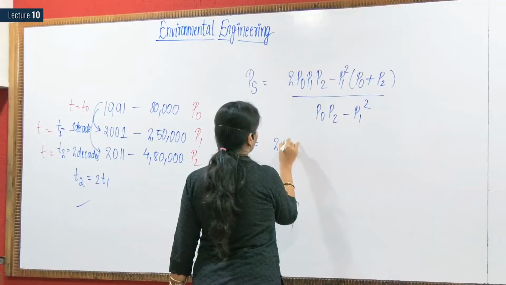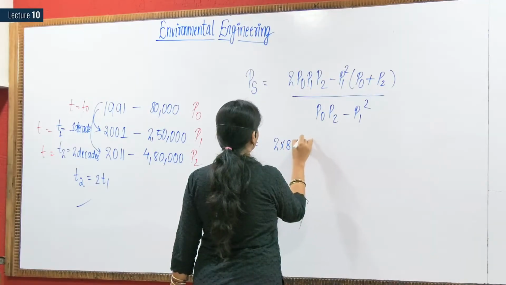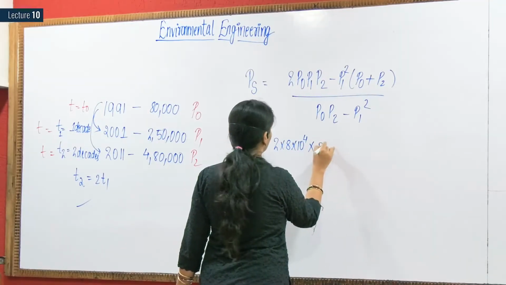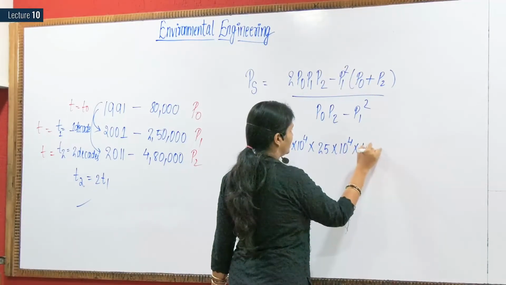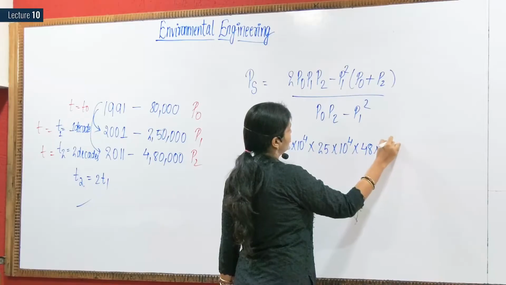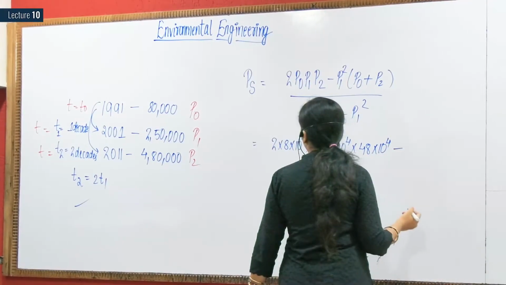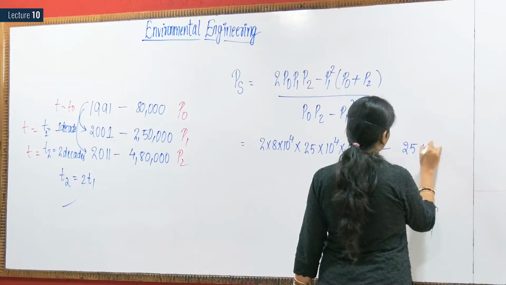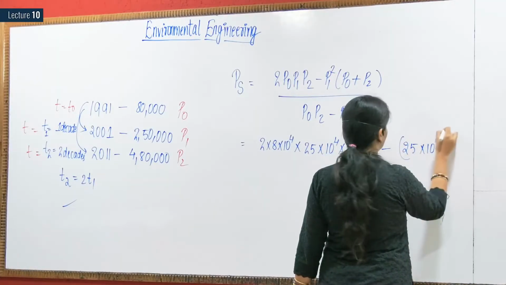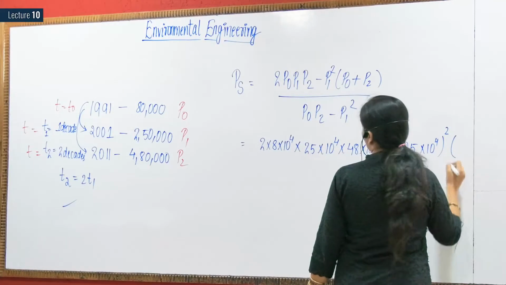2 into 8 into 10 raised to power 4, 25 into 10 raised to power 4, into 48 into 10 raised to power 4, minus, what is P1 square? 25 into 10 raised to power 4 square. Then what is P0 and P2?